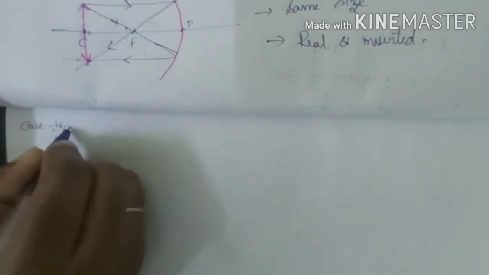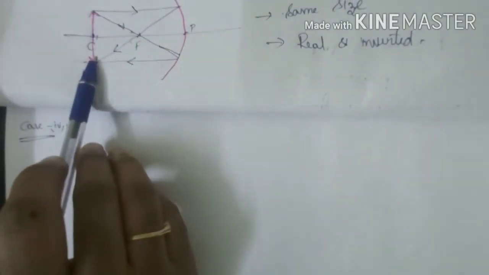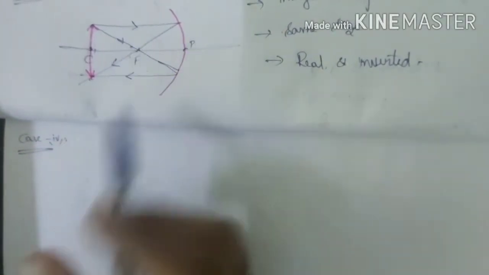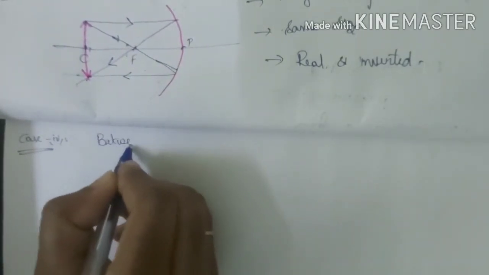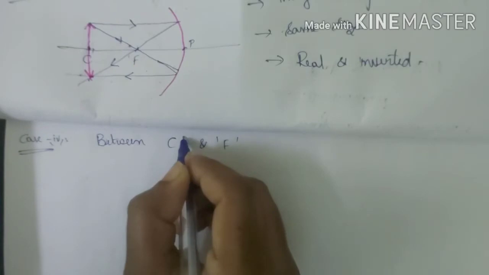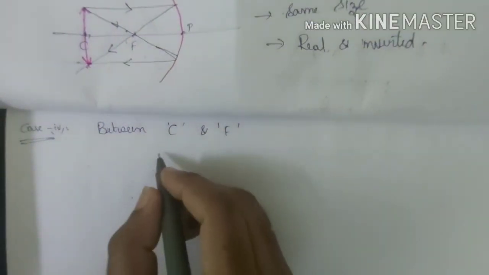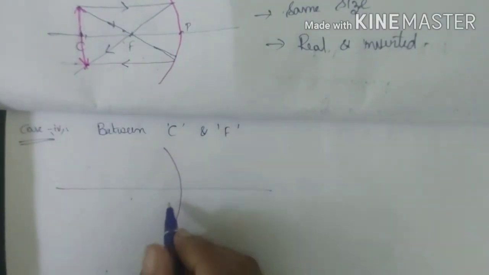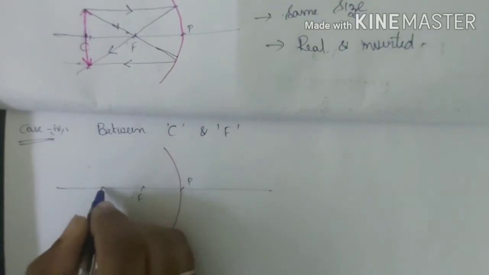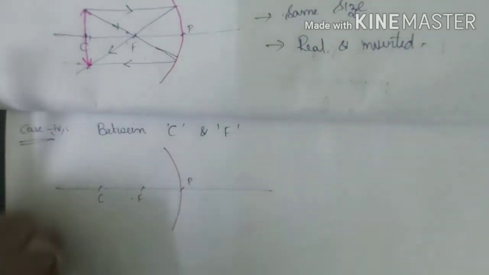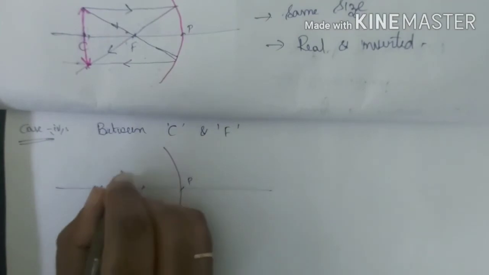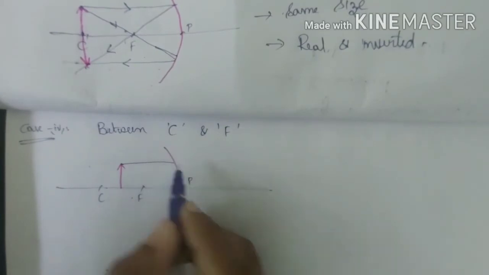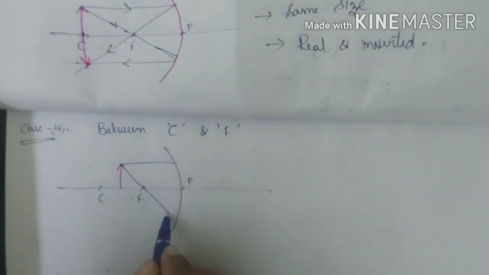Case 4. We have seen when the object is exactly at C. Now we'll be seeing if the object is between C and F. Let me draw my concave mirror again, principal axis, pole, focus, center of curvature, between C and F. Now the object is here. Okay, so I am taking again two rays, ray 1 and ray 2.